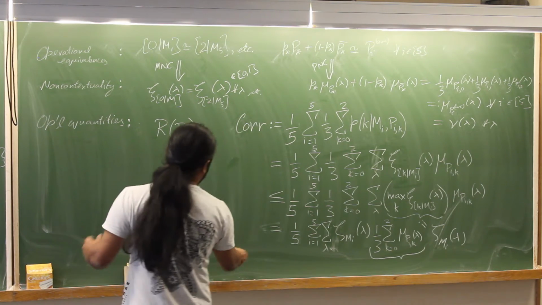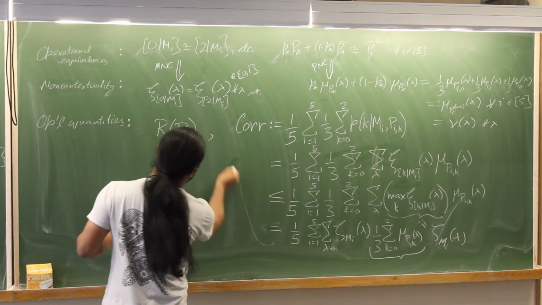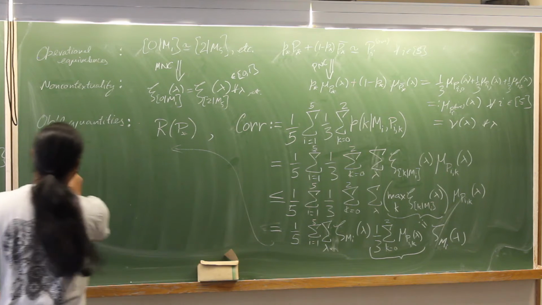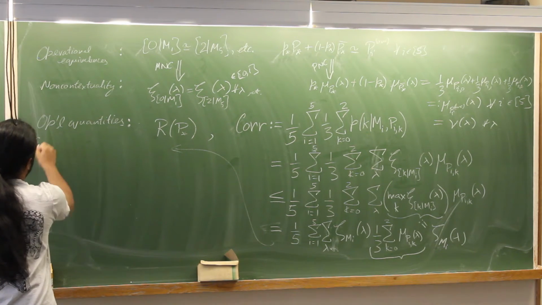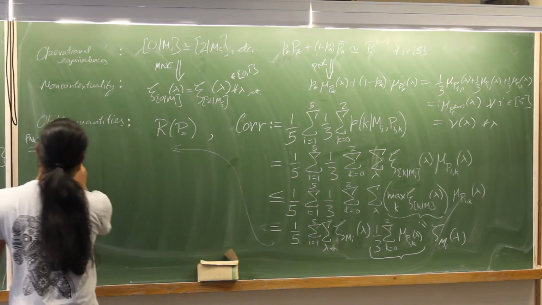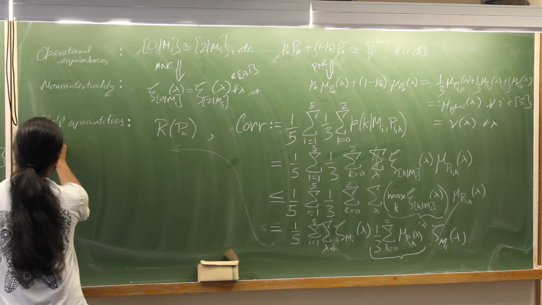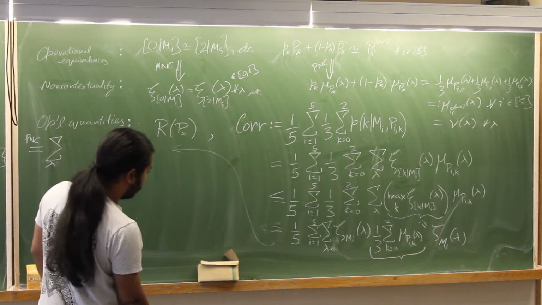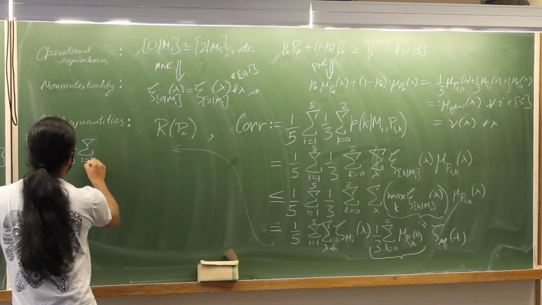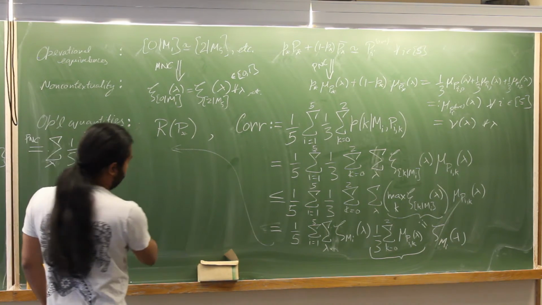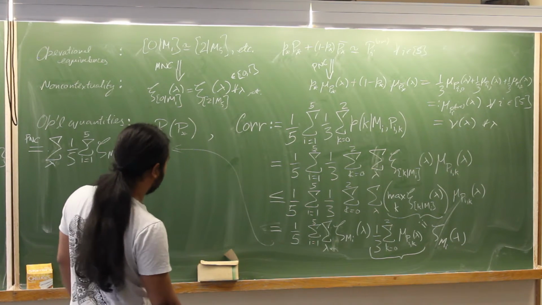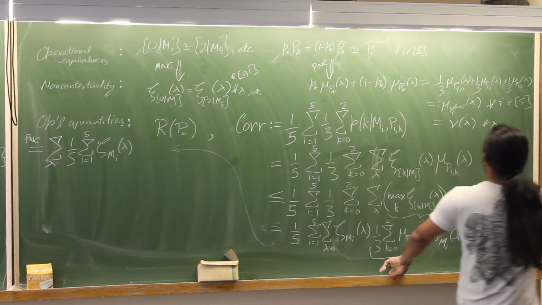Under the assumption of preparation noncontextuality, this can be written as 1/5, and I'll take the lambda out overall, so lambda is here, and then 1/5 sum over i of 5, zeta(mi, lambda), and then this thing is just this mu average.